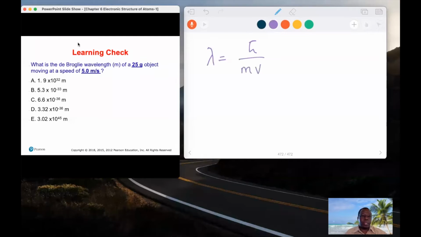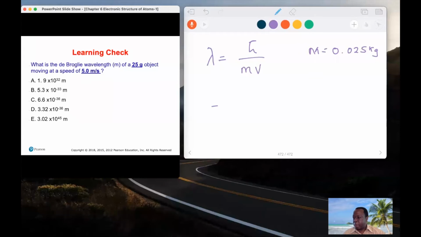The mass I've underlined is given in grams, and it has to be in kilograms, 0.025 kg. I just converted that to kilogram. Speed is the same as velocity. It is in meters per second, so I don't need to change that.